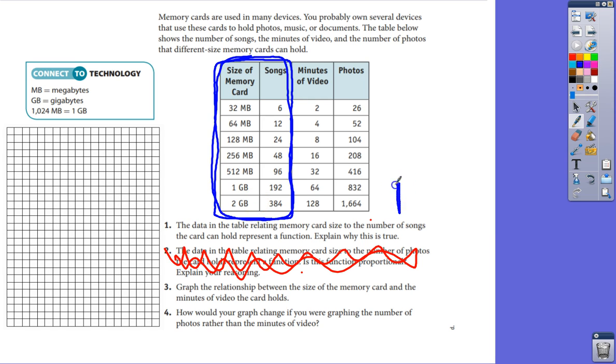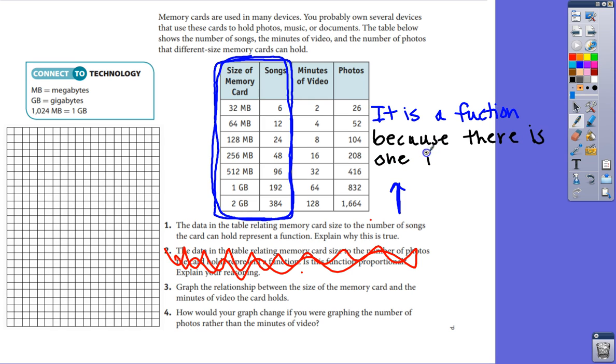So we'll just write up here, and mine's going to look a little weird because I don't have as much space. That's why I retyped it for you guys so you actually had space to write. So it is a function because, I'm going to change my color, because there is one input for every output.